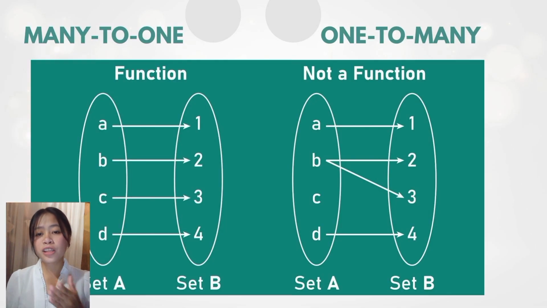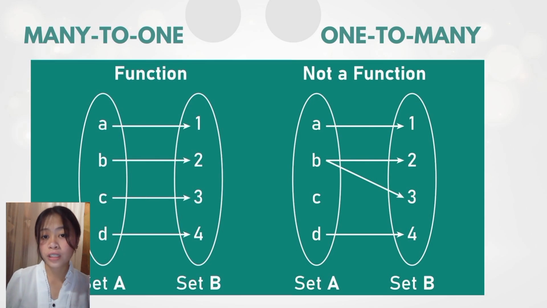What is the many-to-one truth and what is the one-to-many failure? Okay, let me discuss each topic. The many-to-one truth: look at our first scenario. If T goes to 4 and O also goes to 4, that is a many-to-one map. This is a function. It's fine for two different inputs to share the same output, and the rule only governs the outgoing arrows from the domain.